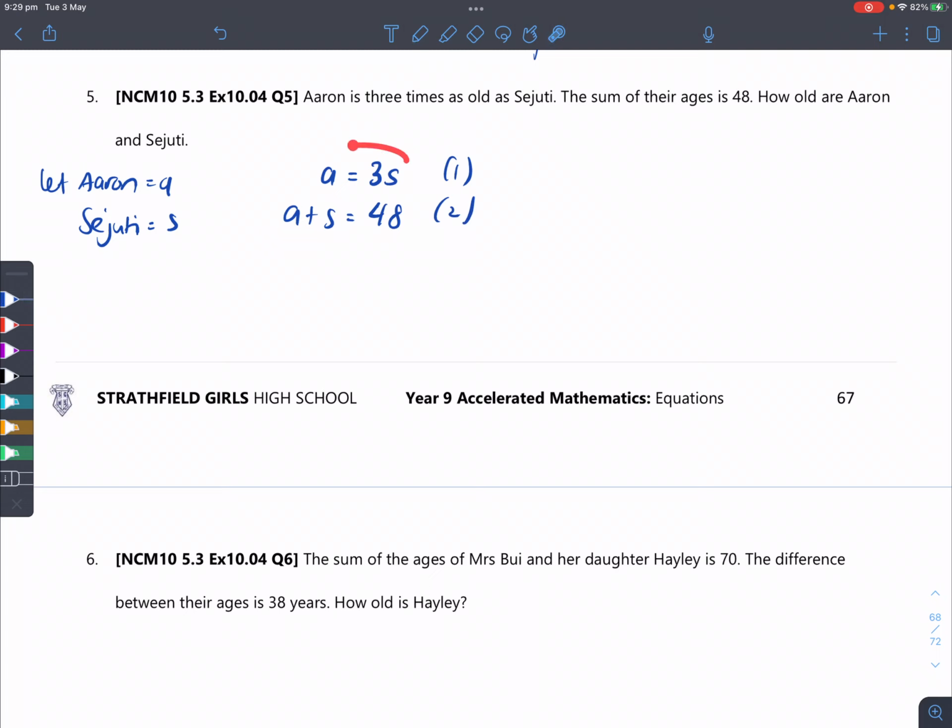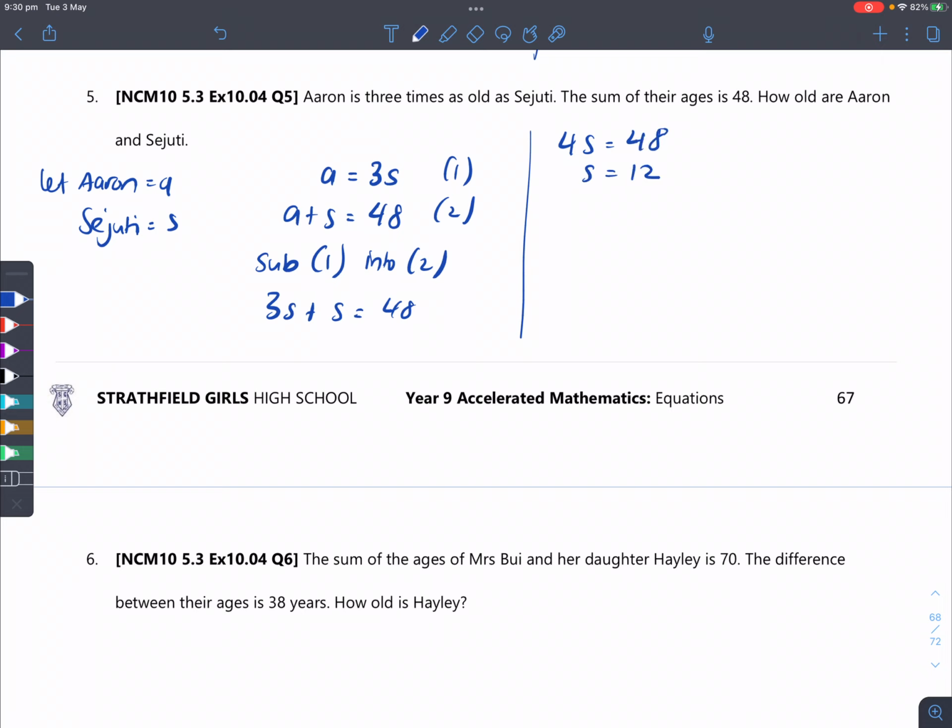Now, because I already have one equation where a letter is a subject, I'm going to directly substitute this into the other equation. So I'm going to sub 1 into 2, which means every single time I see A, replace that by 3S. So that's 3S plus S equals 48. That means 4S equals 48, and S equals 12 once you divide by 4.